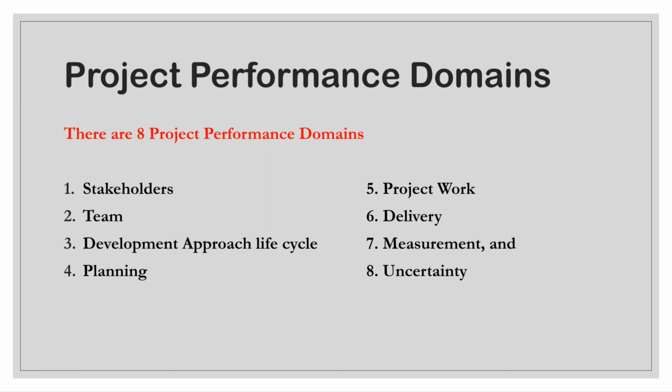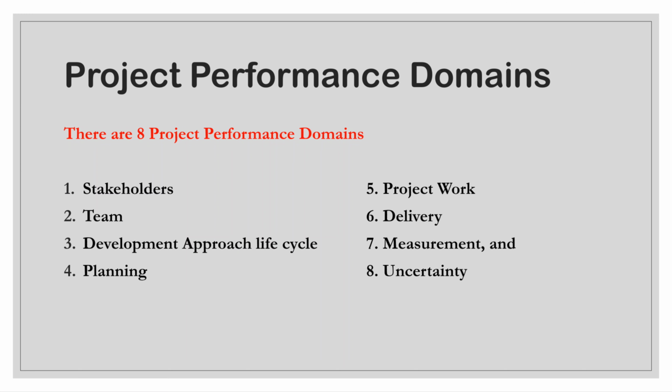As we all know, this new edition of the PMBOK has introduced the concept of domains. There are 8 project performance domains, which are stakeholders, team, development approach and lifecycle, planning, project work, delivery, measurement, and uncertainty.